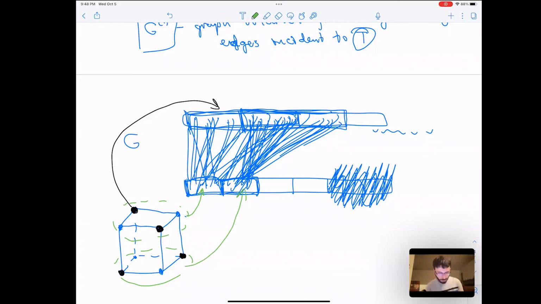More precisely, I need to embed the two blue vertices here and two blue vertices here.